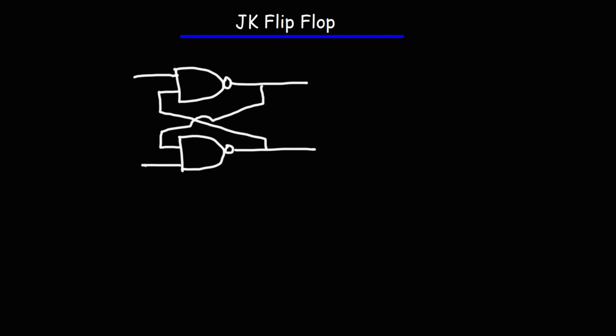Now to build the JK flip-flop circuit, we're going to add two 3-input NAND gates to this circuit.